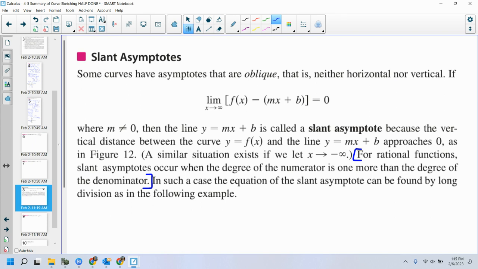For rational functions, slant asymptotes occur when the degree of the numerator is 1 more than the degree of the denominator. That's the only time they could show up in a rational function.